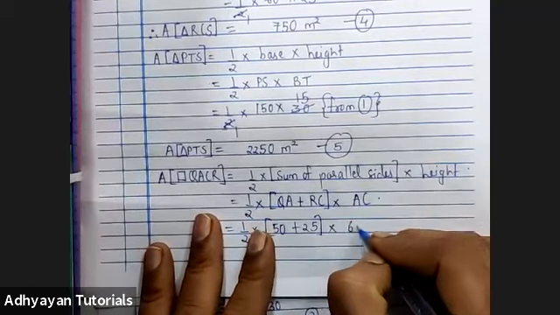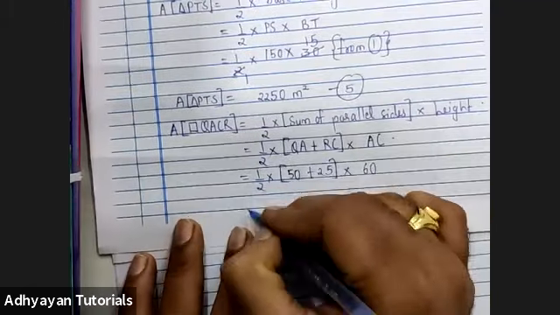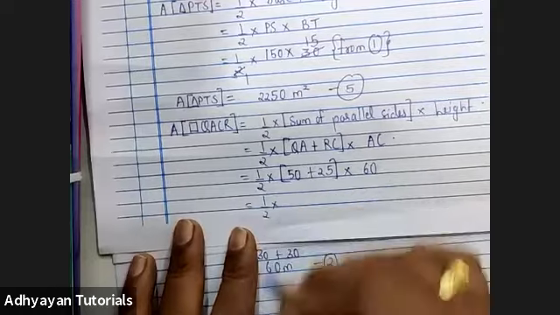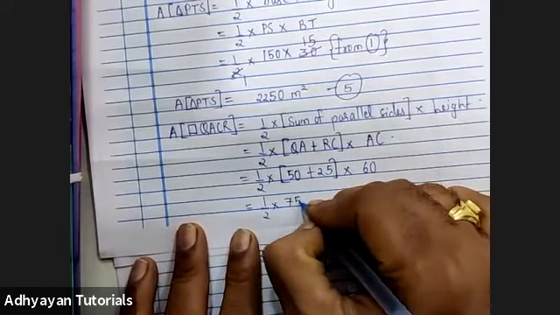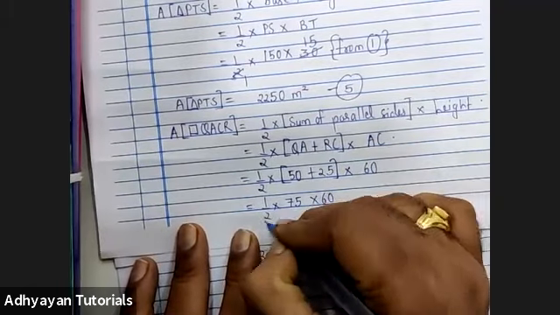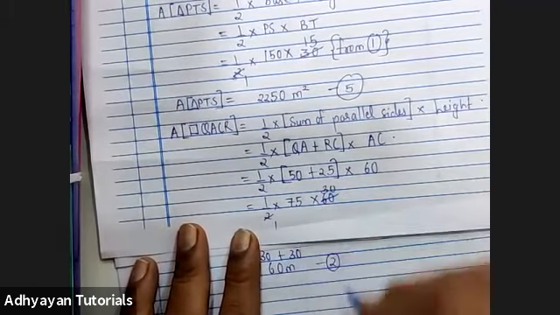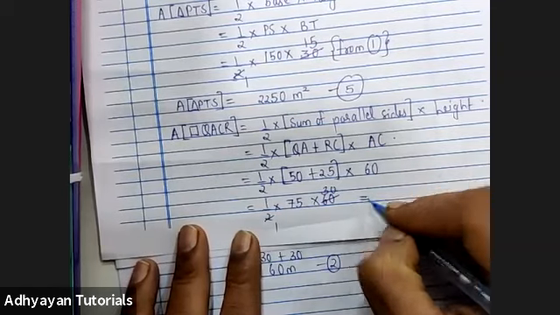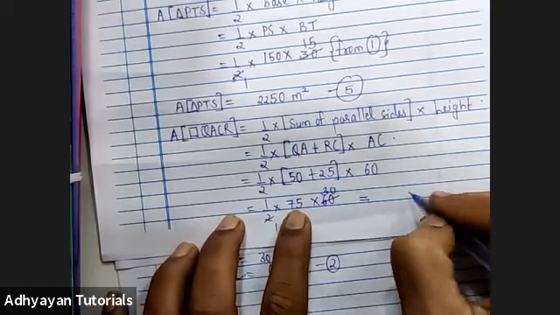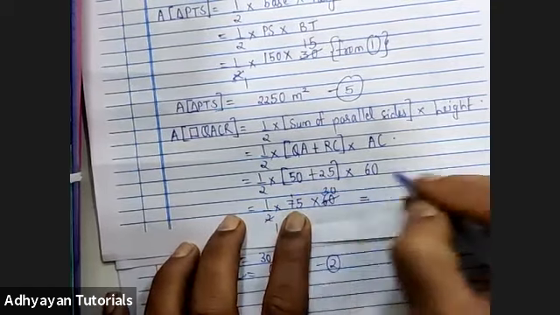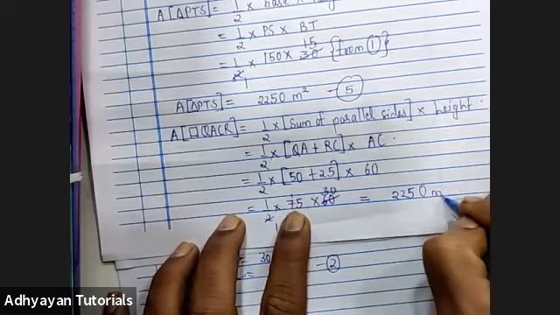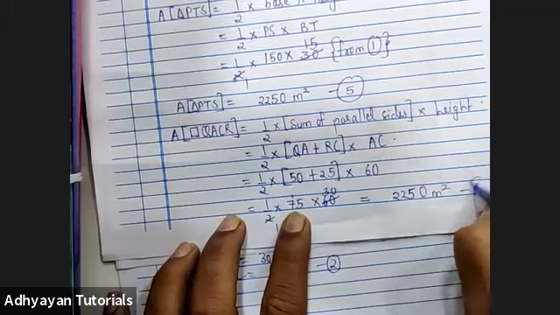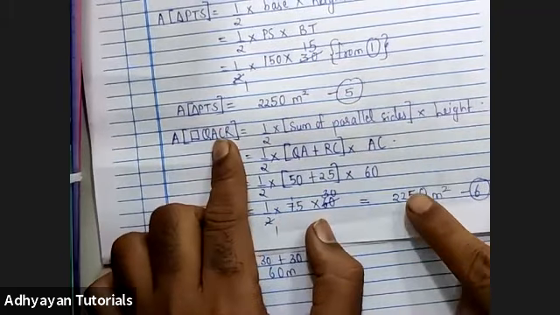So 60, half into 50 plus 25 is 75 into 60. So 2 ones are 2, 30s are, right? So the final answer here is 3 5s are 15, 3 7s are 21 plus 1 22 meter square, right? So that's area of trapezium.